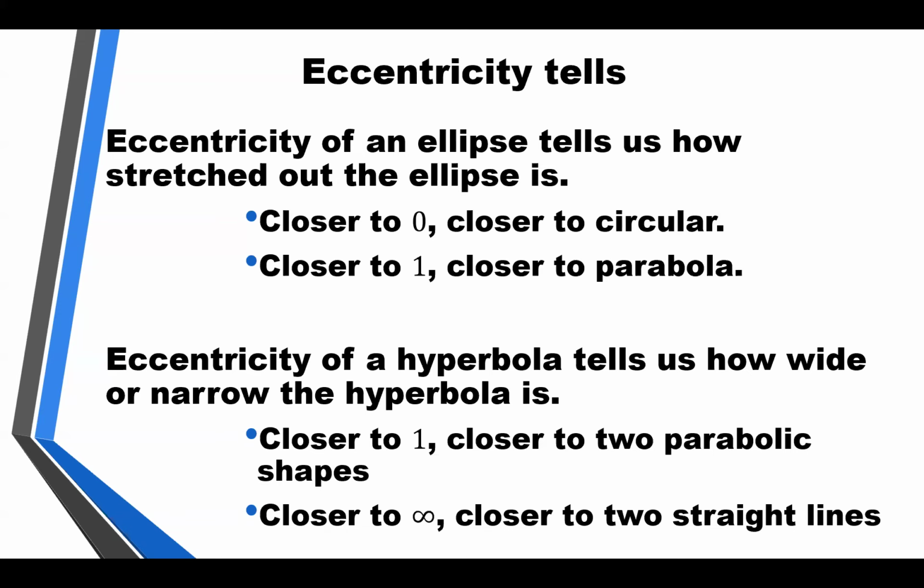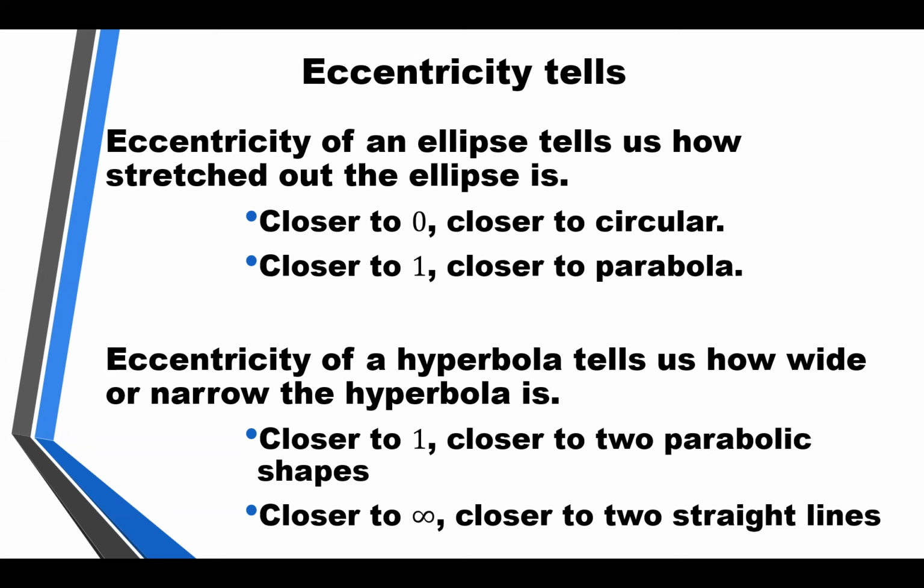The hyperbola, when it's closer to 1, looks like two parabola type shapes. And when it's closer to infinity, at the vertex, it looks sharper and sharper, almost like a V instead of a U shape on the parabola.